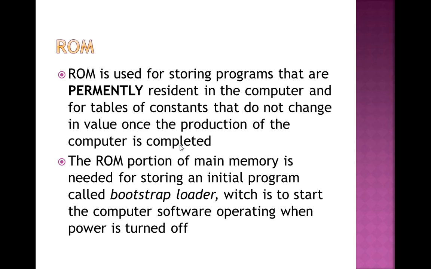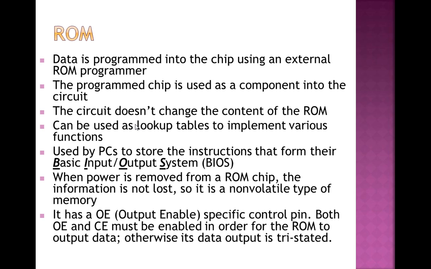Then we discussed the ROM, that is used for permanently storing data. The best example is that whenever we boot the computer system, there are 3 or 4 screens that appear at the time of booting. That is stored in the ROM. Why is it stored in the ROM?